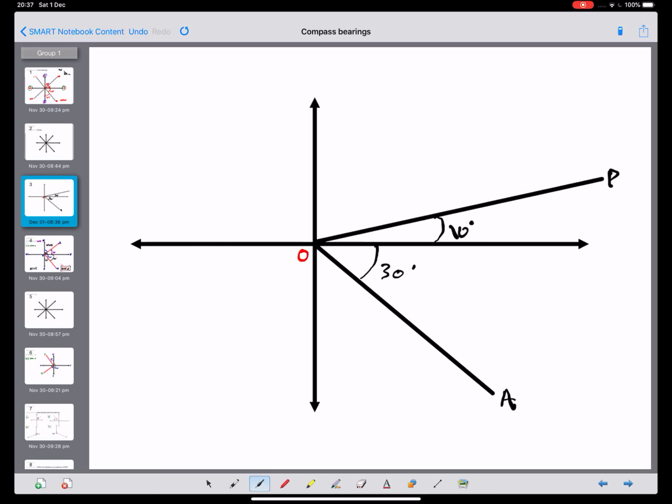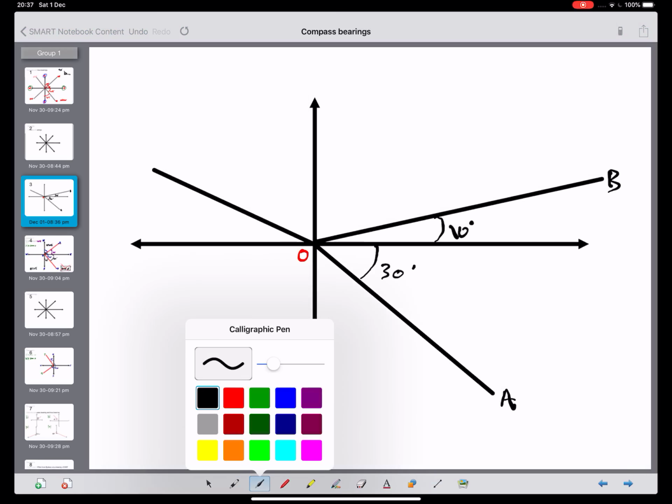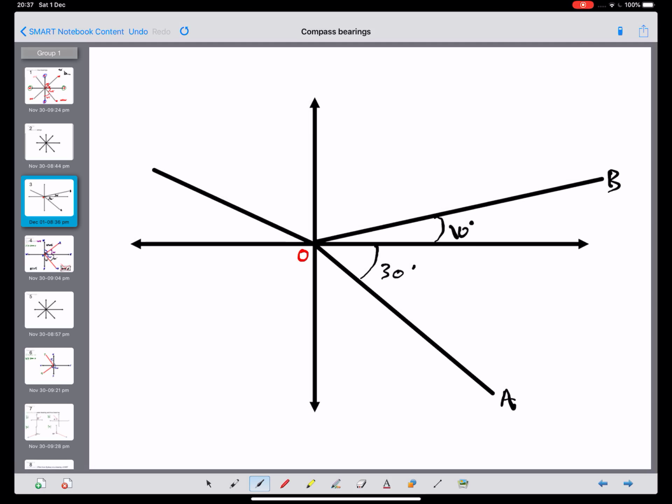We'll call that B. And then finally, I'm going to say that this one is C, and I'm going to say that this is 25 degrees. Okay, so pause the video and I want you to write each of these as a compass bearing.